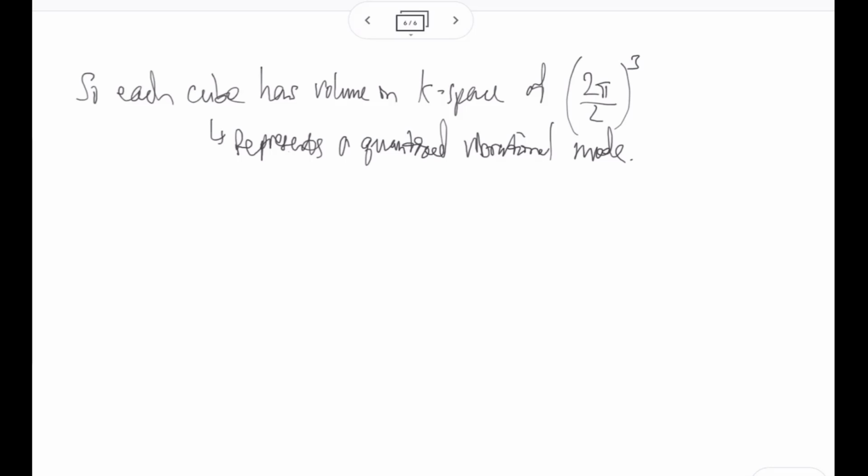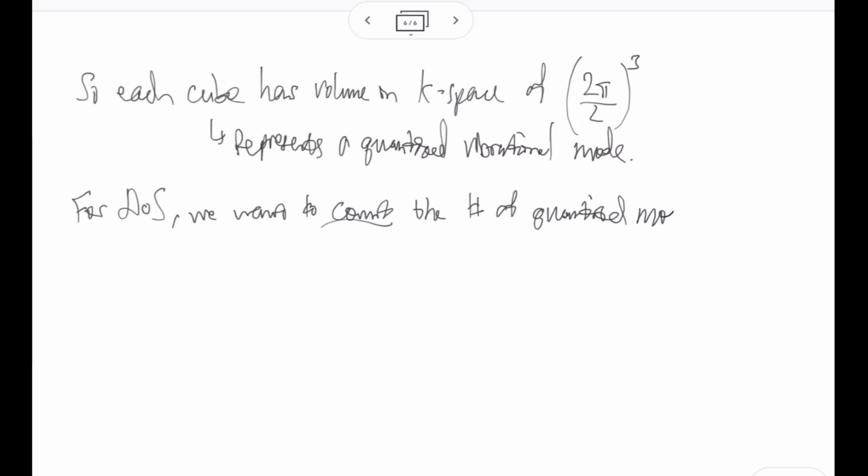So when we're doing density of states calculations, our goal is to count the number of quantized modes within some shell of k plus dk.